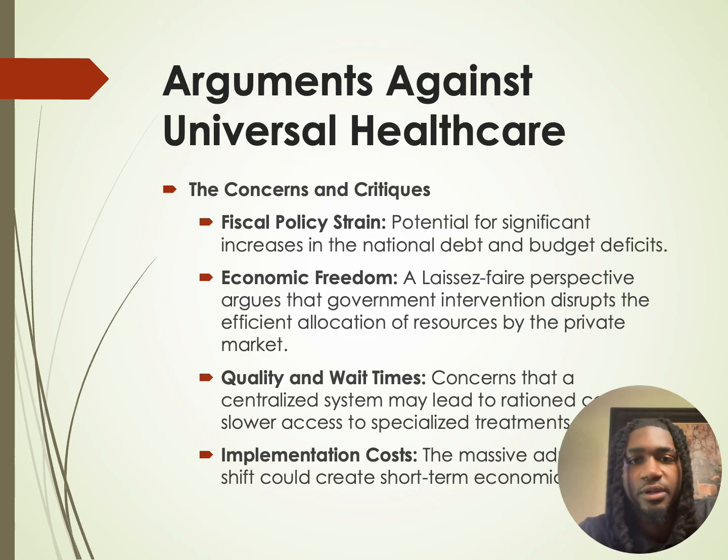It is equally important to address the opposition's arguments. Critics primarily focus on fiscal policy. A transition to a universal system would require a massive infusion of government spending, which Gruber 2022 noted could lead to unsustainable budget deficits or require tax hikes that might slow down the broader economy.